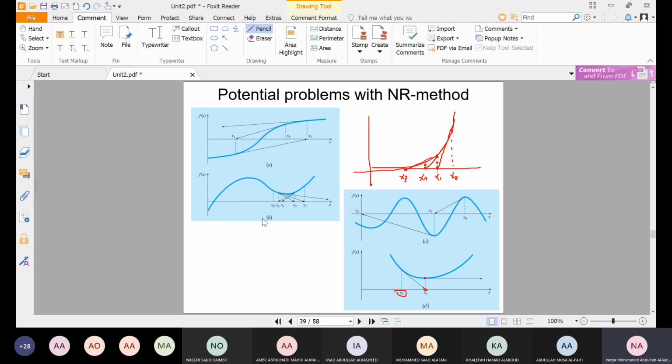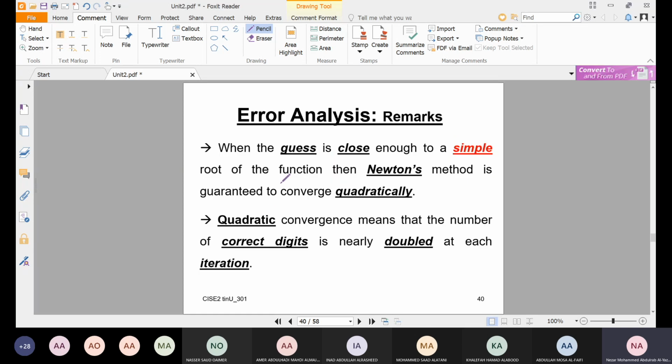So the method will be more efficient if our guess is close enough to the sample root. This method will be perfect if we are close enough to the sample root. In this case, the method will guarantee convergence quadratically. Okay, so we will converge faster to the root that we want to compute.